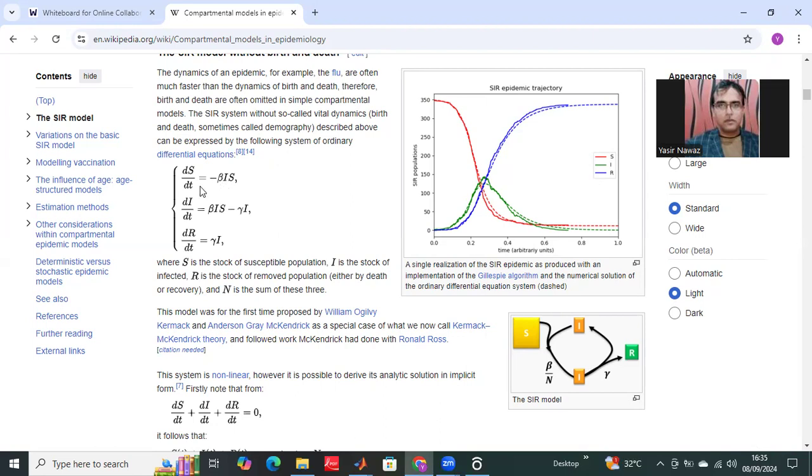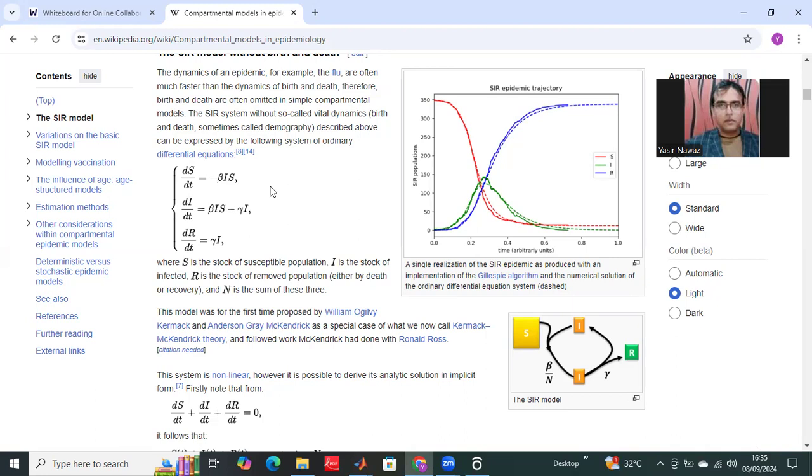If the equation is written in this form, the right hand side would be minus beta S I. I will be represented as u2 and S will be represented as u1. There is no R on the right hand side. If there were R on the right side, it would be represented with u3, but there is none, so there will be no u3.